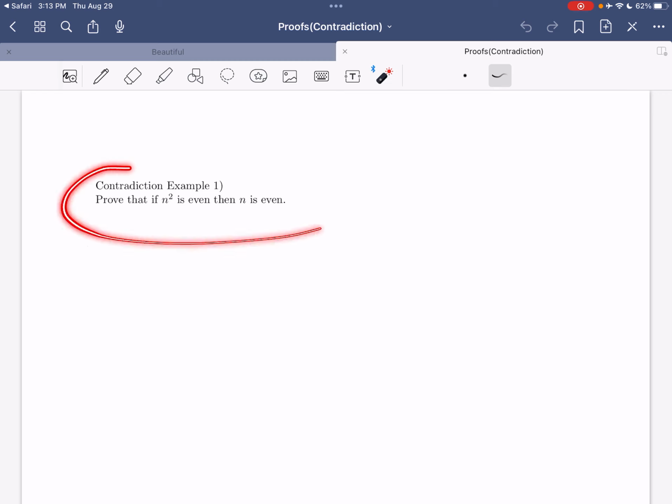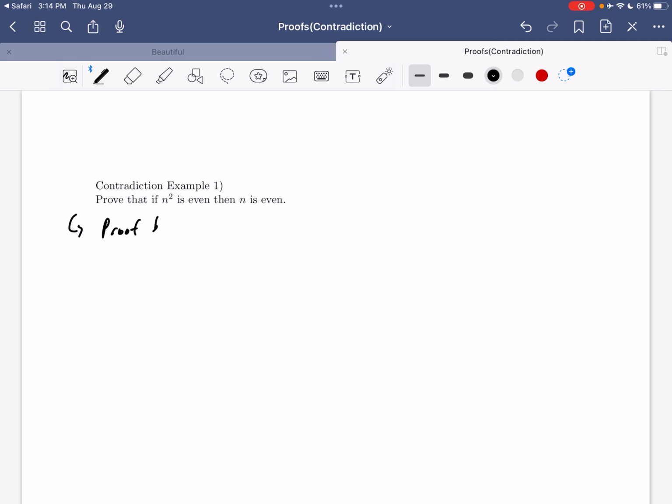So for this, we're going to once again prove that if n squared is even, then n is even. So we're going to go straight in and do this as a proof by contradiction. Now, for a proof by contradiction, we are of course going to keep the original assumption. So we are assuming n squared is even. Now again, we are pretty aware of what that means.